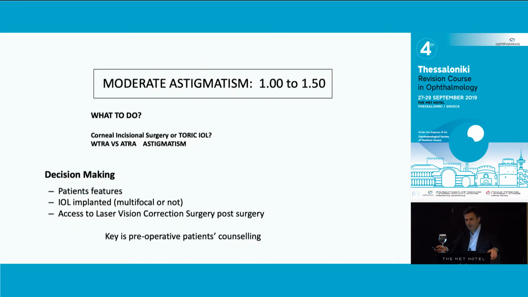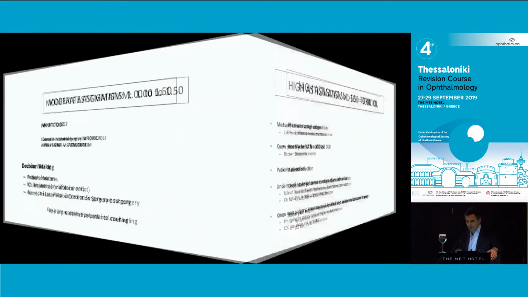With the rule, easier. Against the rule, more difficult. So have a tendency to go to toric IOL more often when you're dealing with against-the-rule astigmatism. And also consider the type of surgery that you're doing. If you're using premium lenses, multifocal, then I think you're bound to use a toric, because if you don't correct it, the lens will not work, as we all know.